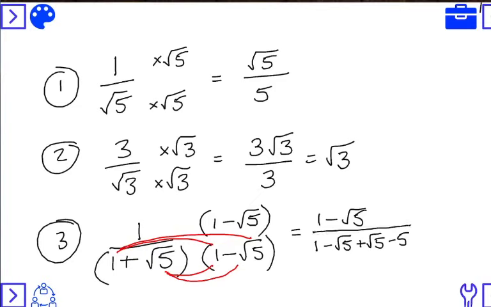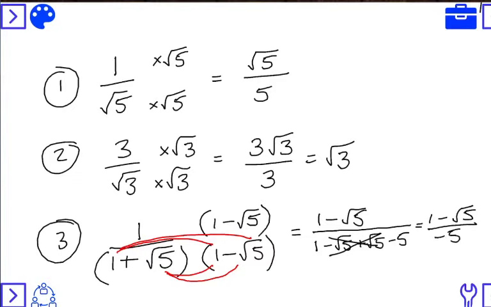I can see that the middle two terms in my denominator will now cancel out, so I can cross those out and now simplify it as being 1 minus 5. In this case, I will get 1 minus root 5 over negative 5.